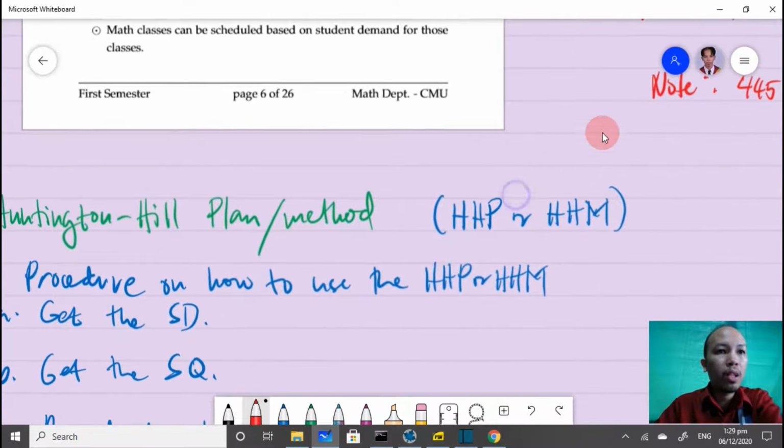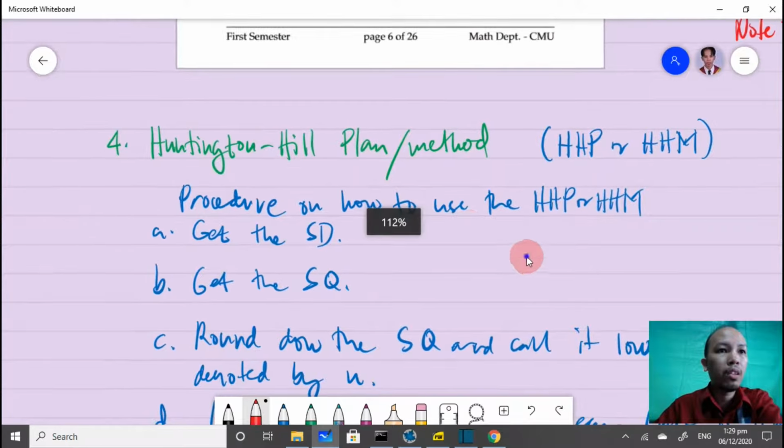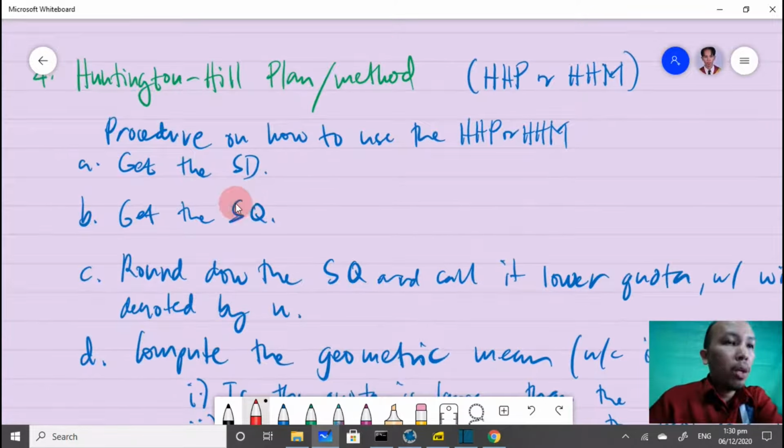I'm going to write it here. This is the Huntington-Hill method, or HHP or HHM. So this is the procedure. First, you have to get the standard divisor, the same as that of the Hamilton plan, and then get the standard quotient, which is also the same as that of the Hamilton plan.